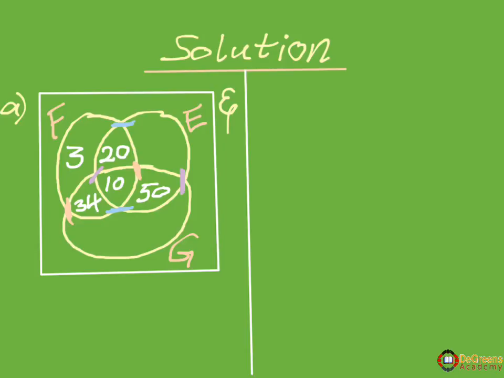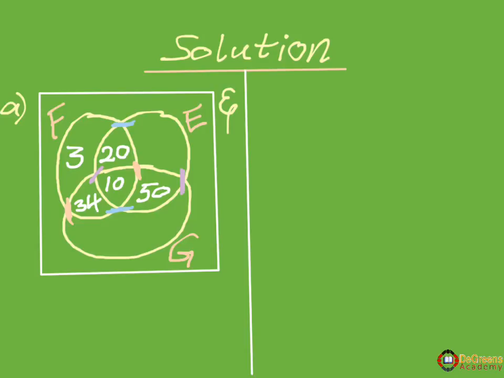Also, you are told 95 study English. 95 study English means when everything within the circle for English is added, you amount to 95. So following that circle for E, add the values already listed, you have 20 plus 10, that makes 30. 30 plus 50 makes 80.